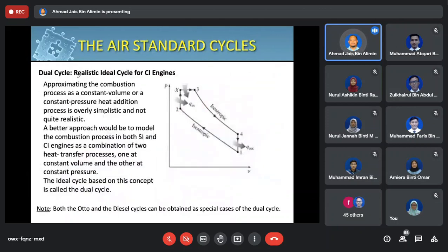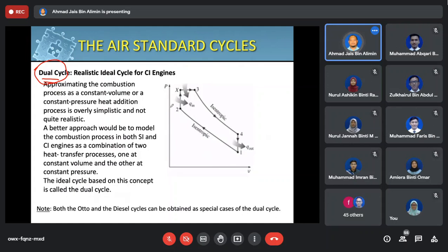Okay. The next one is that there is an attempt by scientists and engineers related to fleets and also internal combustion engines, where they want to combine the virtues of both cycles as one singular cycle. Based on that, they arrived at the concept of the dual cycle.